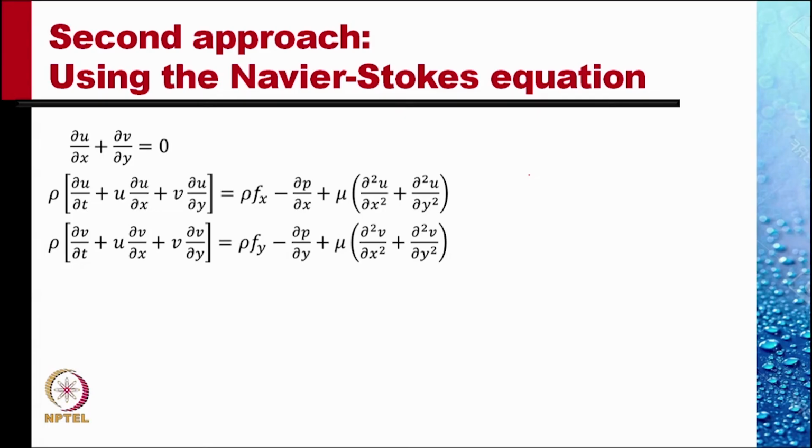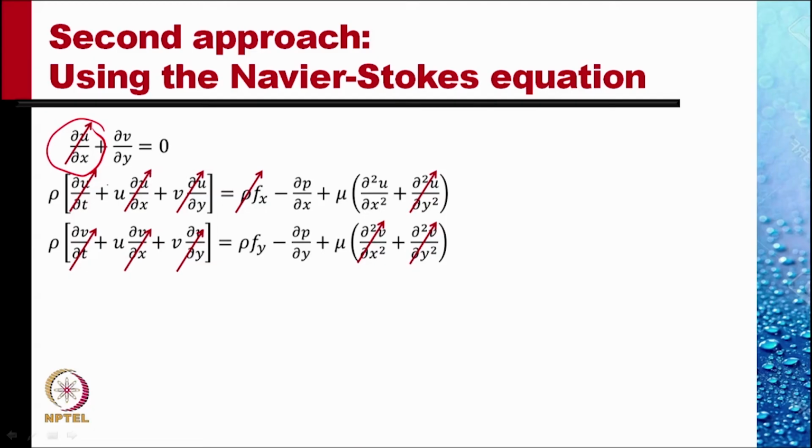When we have two dimensions x and y, as in this case, of two-dimensional plates, there are a lot of terms that disappear. This term disappears because u is not a function of x.